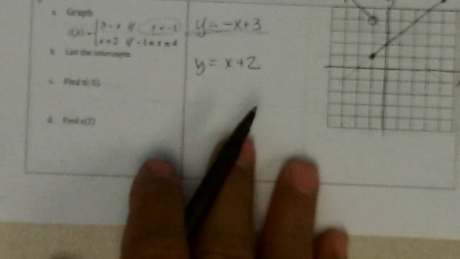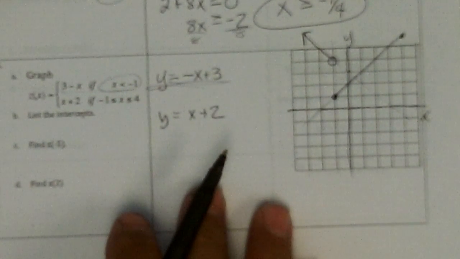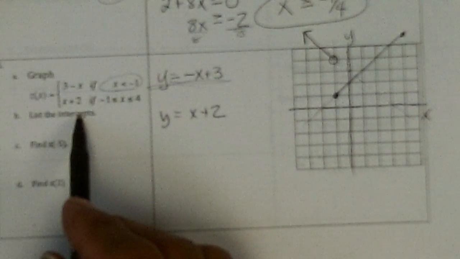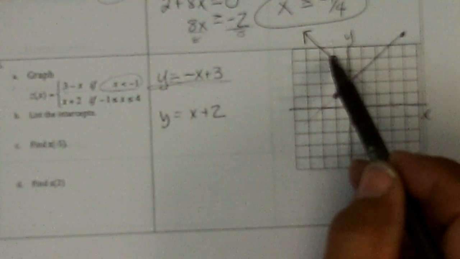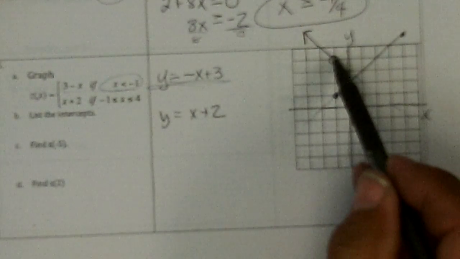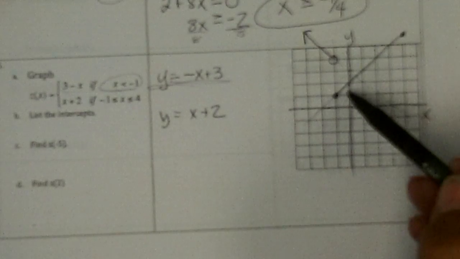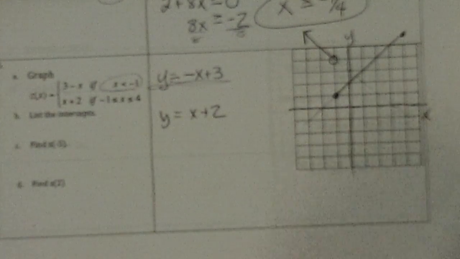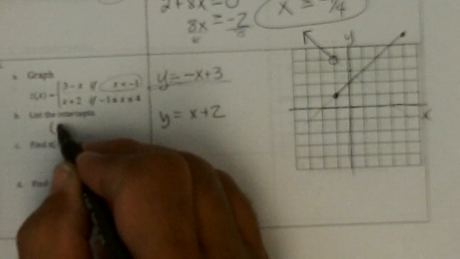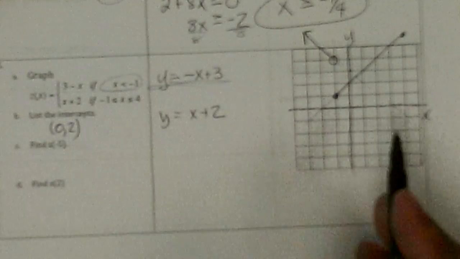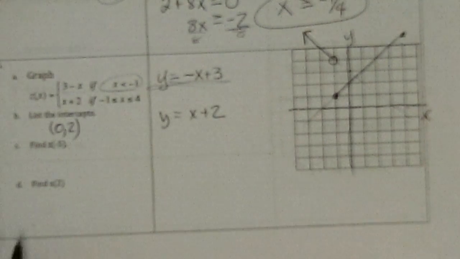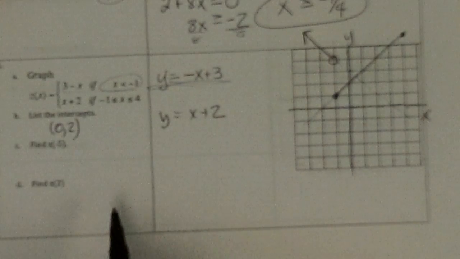So there's the graph, and now let's list the intercepts. Well, this line part never reaches the axis because it stops there, and this one does reach the y-axis at 2. So when x is 0, y is 2. And no, neither of these touch the x-axis.